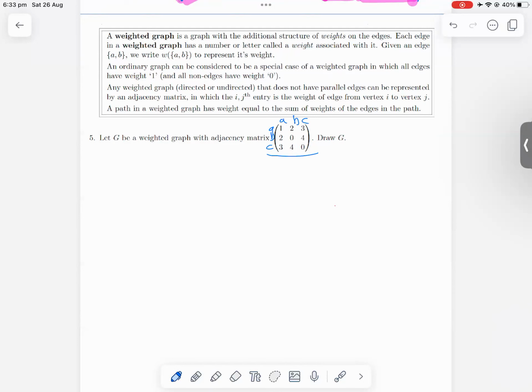Then after I've got this one, A to A is 1, A to B is 2, A to C is 3, B to C is this one or this one. B to C or C to B is 4. Okay, and the weights on each edge are written there.